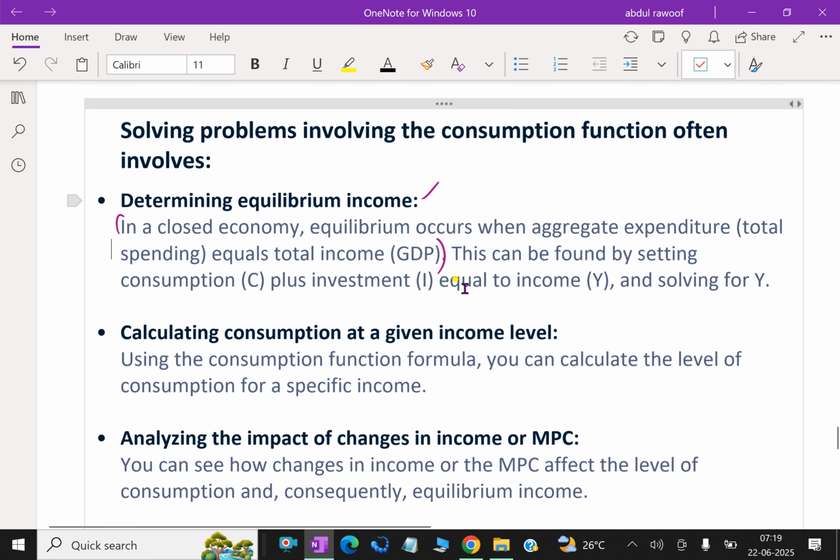This can be found by setting consumption C plus investment I equal to income Y and solving for Y. That means it can be found by setting C plus I equals Y.